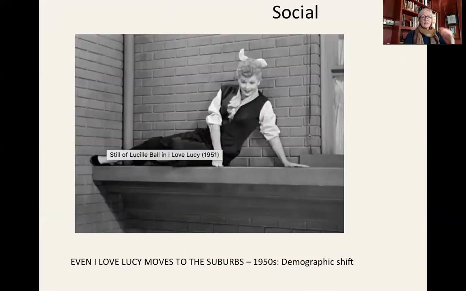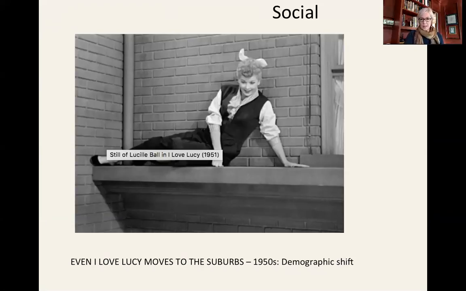So we go back a little bit more and talk, because where this is important for cities is this idea of that demographic shift. And the show I Love Lucy, for those of you who know it, actually also reflected this. The show began in the 50s.